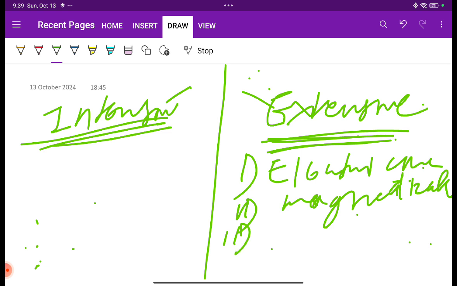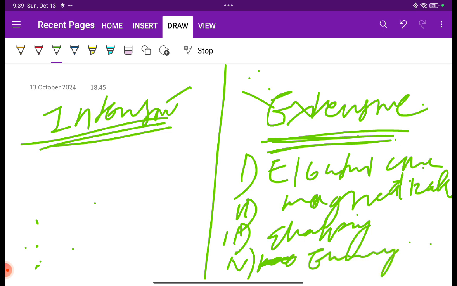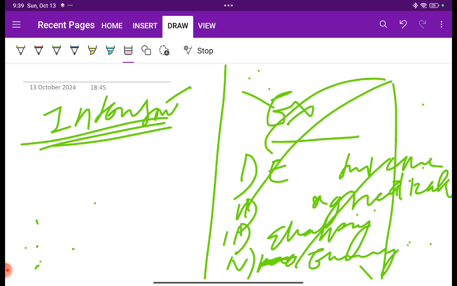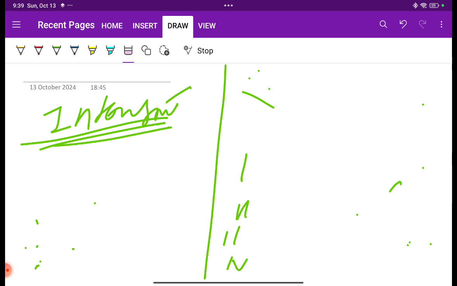Now I will talk about enthalpy and internal energy. All energies come under this. Remember, mark my words, all energy comes under extrinsic property.